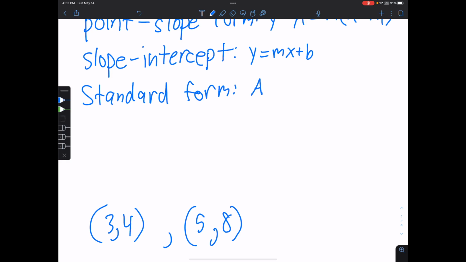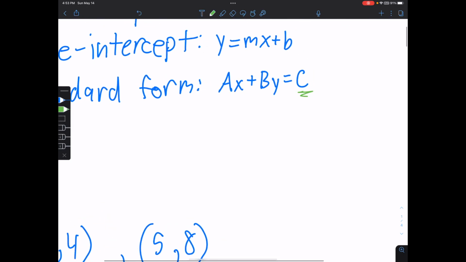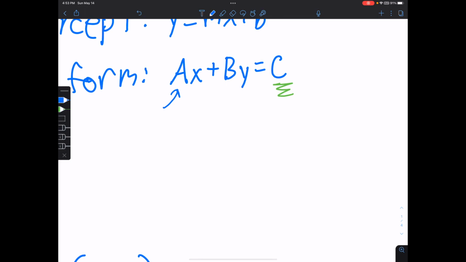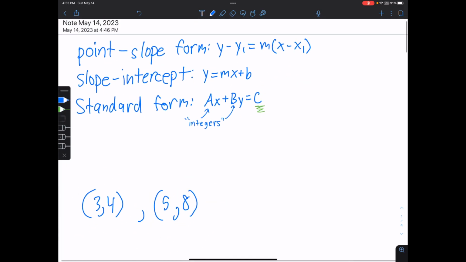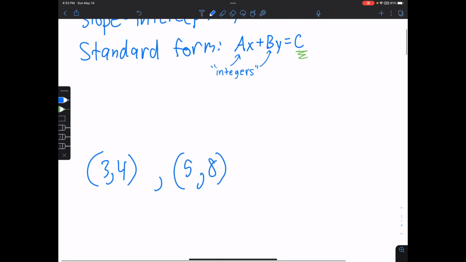That's why we have these constants a and b, ax plus by is equal to c, where c is just some constant, whereas a and b are both integers, which are whole numbers, but could be negative.